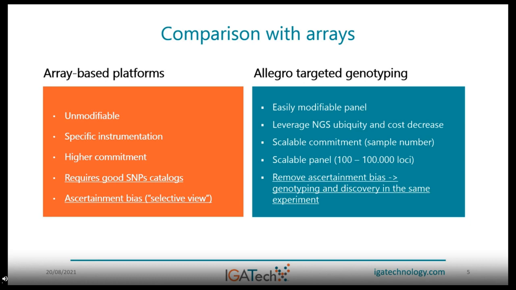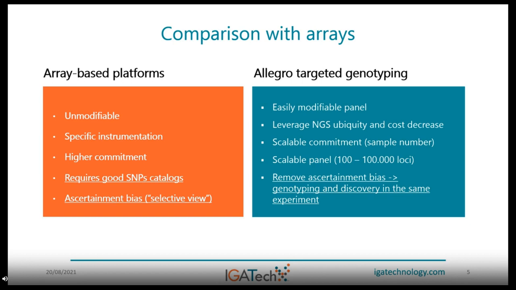And also the design per se requires a good SNP catalog to sample from to design the array. And that brings us to the concept of ascertainment bias, so the selective view of those arrays. The array will be designed on a very specific set of polymorphisms, and only those polymorphisms are going to be genotyped through the experiments using that specific array.